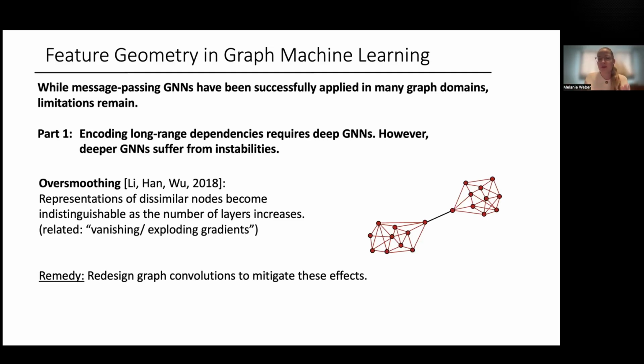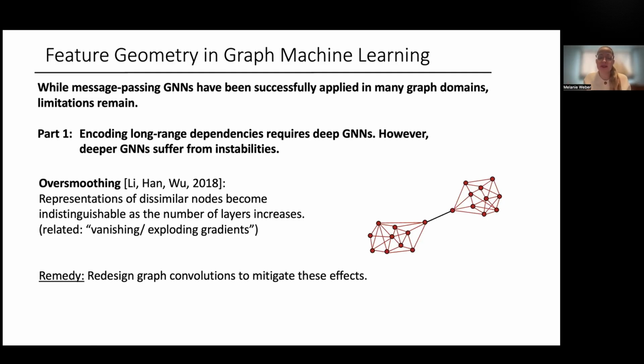This phenomenon of oversmoothing is specific to message passing graph neural networks, but the kind of representational collapse that we see actually also arises in other architectures. There it is sometimes known as vanishing or exploding gradients.